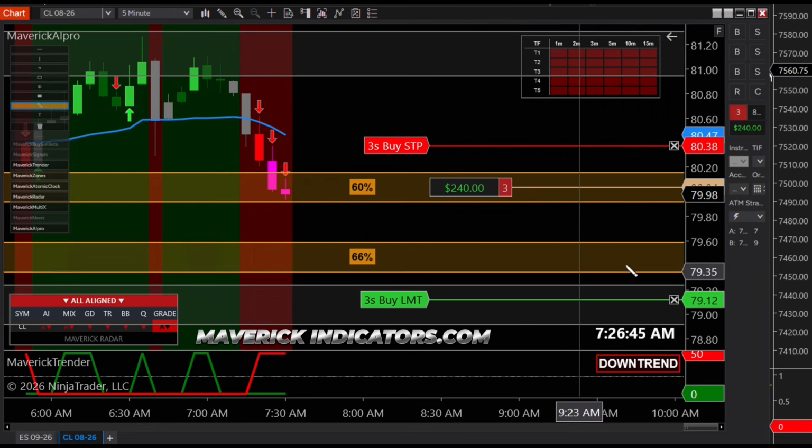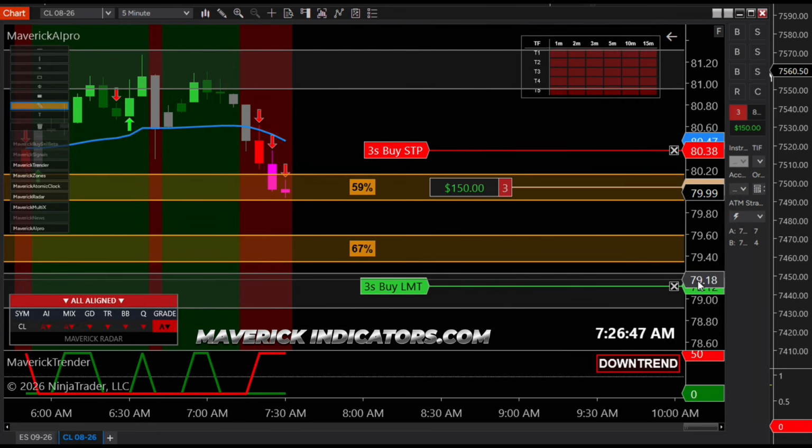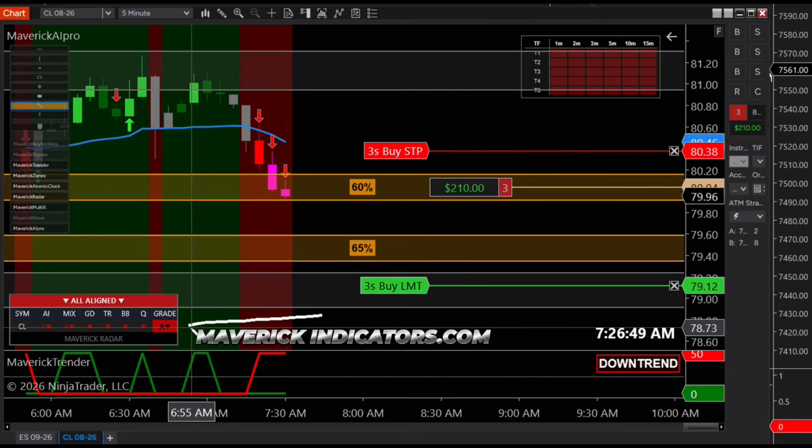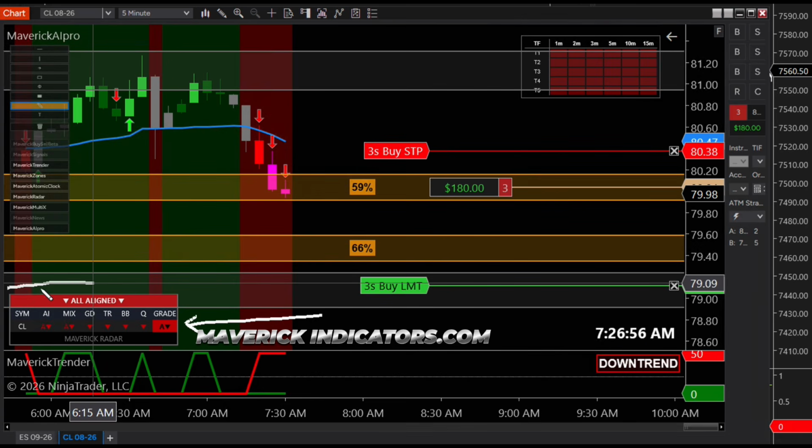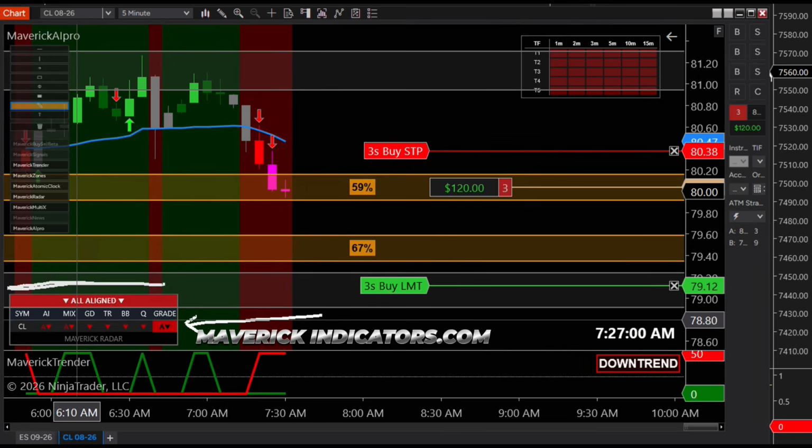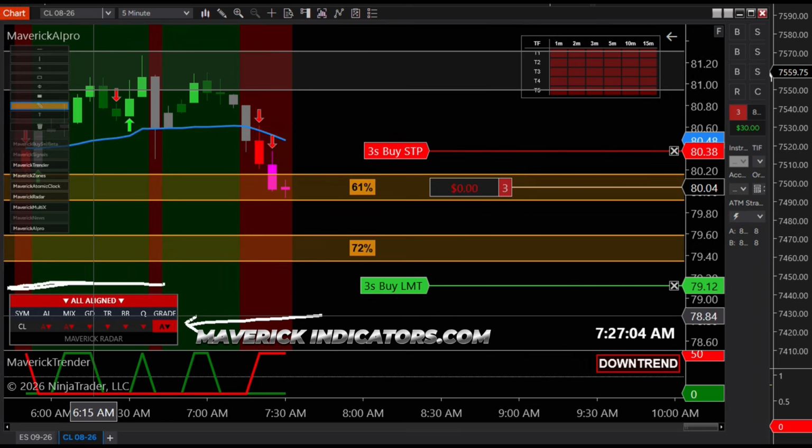I'll squish this in so you can see the Maverick radar. It goes through your entire checklist of the things we look for from many of our indicators, and then it grades each one.